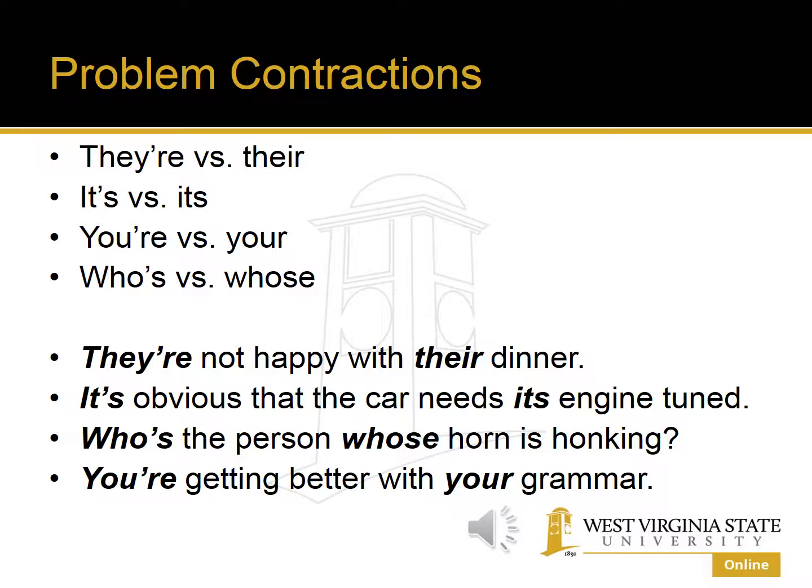Who's the person whose horn is honking? Who is the person whose horn is honking. Whose refers back to person, and it's the possessive, the person's horn. You're getting better with your grammar. Here again, you are is the subject, it's a contraction, and your is the possessive pointing back to you.